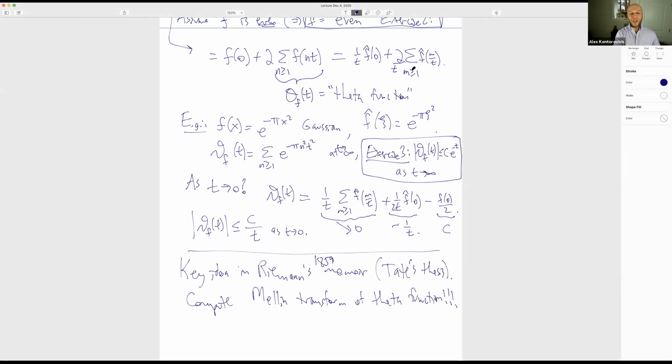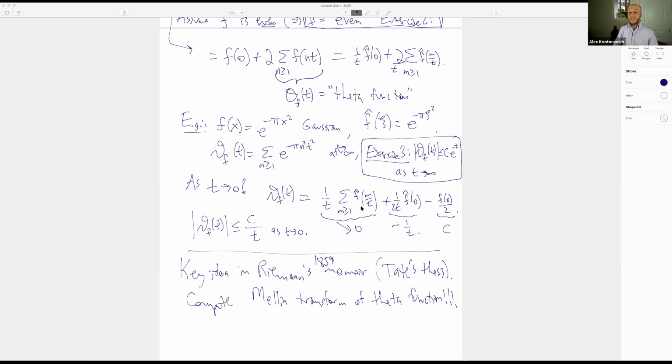I haven't been careful about what class of functions I'm taking now. I want to just talk in general terms, and whenever things converge nicely, you're allowed to do this. One example of when it converges nicely is the Gaussian. There will be other examples, but for now, you could even take compactly supported functions, because then their Fourier transforms will also be entire, and you can pull them in various directions and so on. But you're absolutely right.